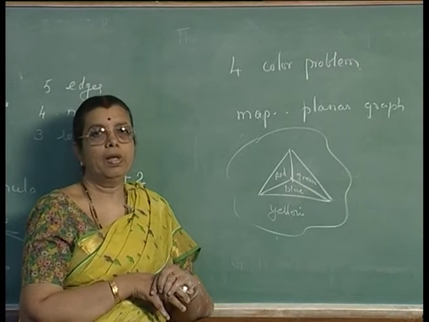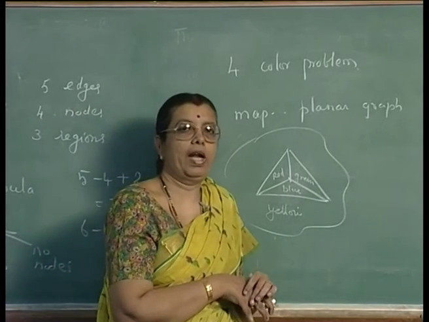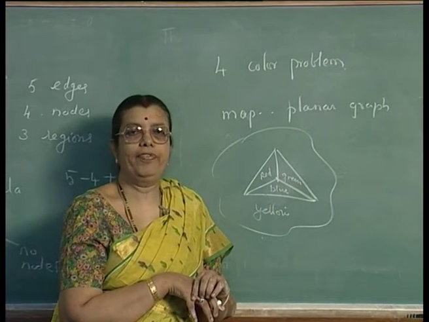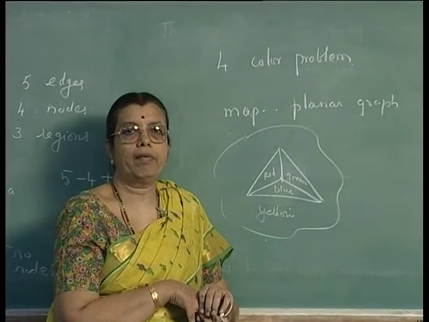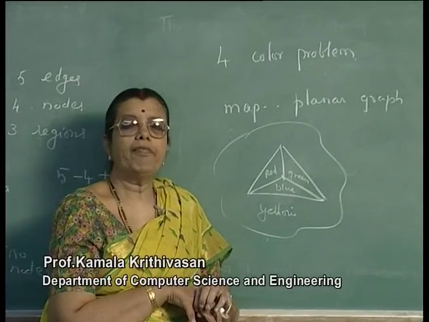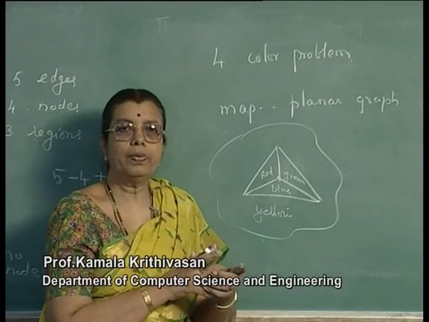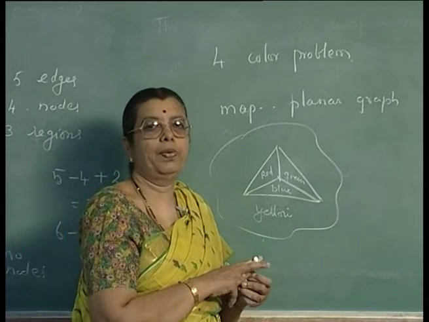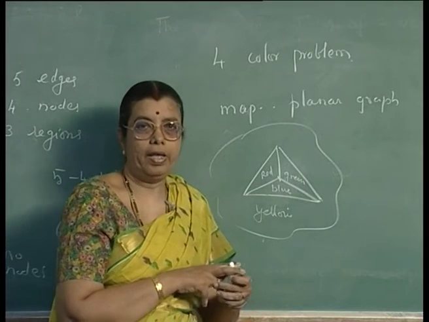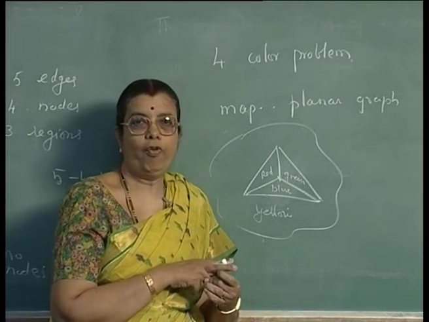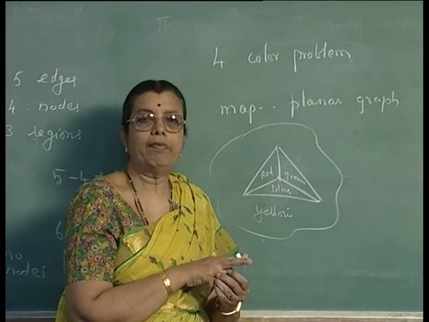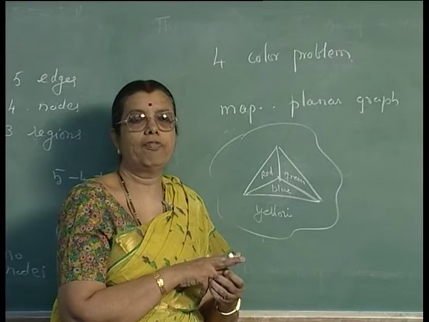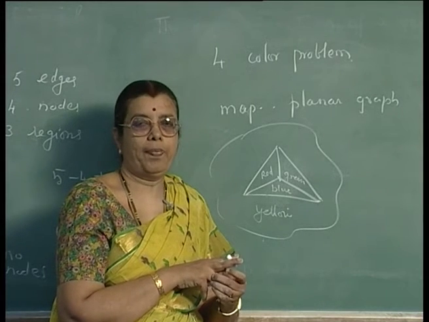Long back it was shown that 4 colors are necessary, you cannot do with 3 colors, and 5 colors are sufficient, that was also shown quite early. But whenever people tried, they were able to color the graph, at least up to 40 regions, without any problem with 4 colors. So, it was conjectured that 4 colors were enough, but it was not proved. It remained as the 4 color conjecture for a long time.